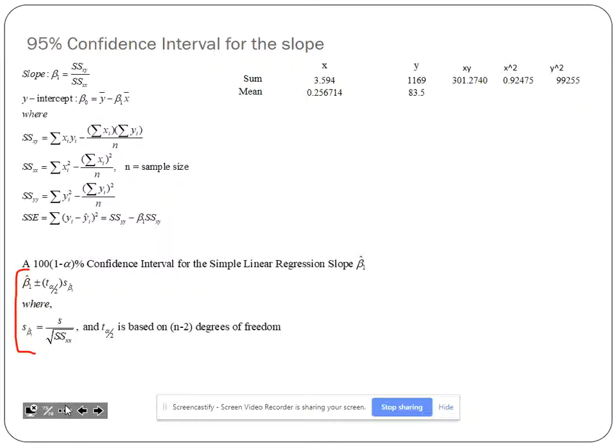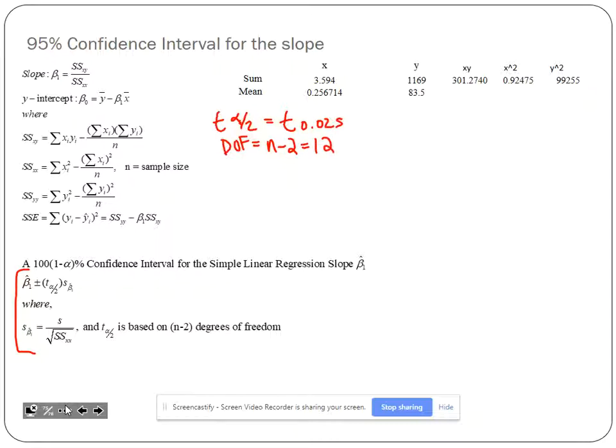Couple of things. We are looking at a 95% confidence interval of alpha over 2. That's a t at 0.025. That's 0.05 divided by 2. And our degrees of freedom in this case is n minus 2. So it's going to be 12.